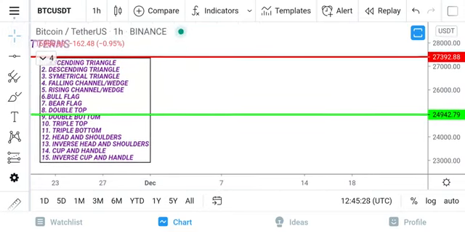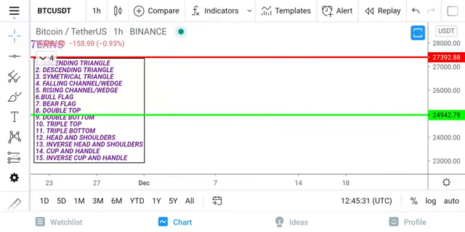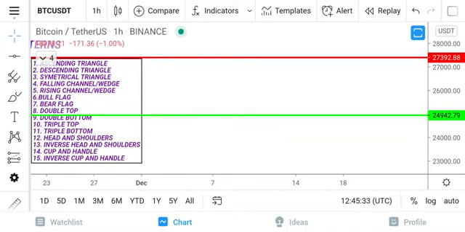The green line is your support and the red line is your resistance.